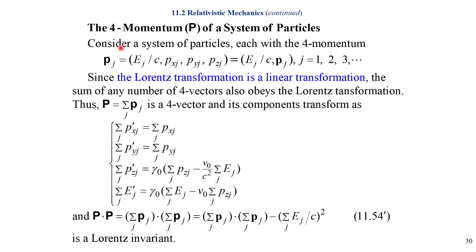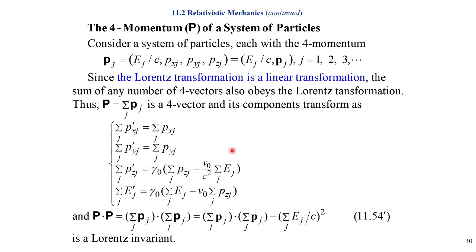We should consider a system of particles, each with a 4-momentum, a 4-vector with components 1, 2, 3, 4. j runs from 1 to the total number of particles. Since the Lorentz transformation is a linear transformation, the sum of any number of 4-vectors also obeys the Lorentz transformation.